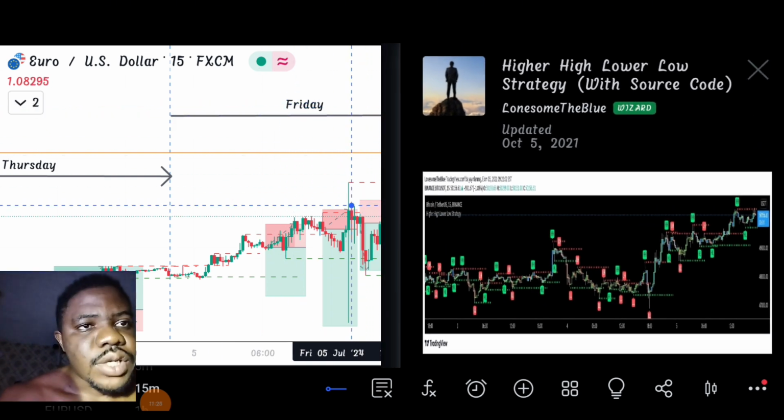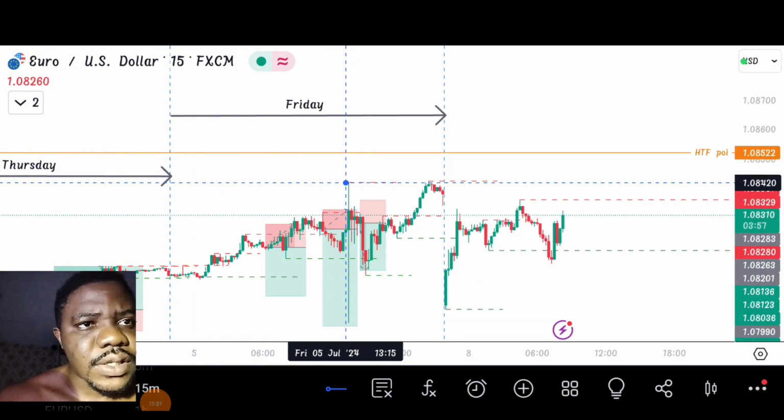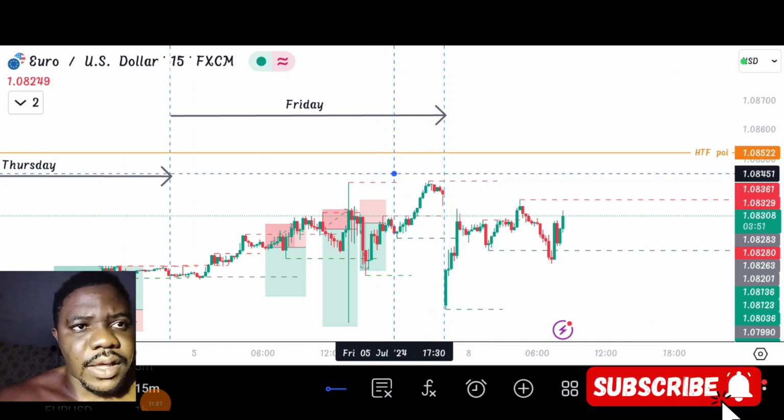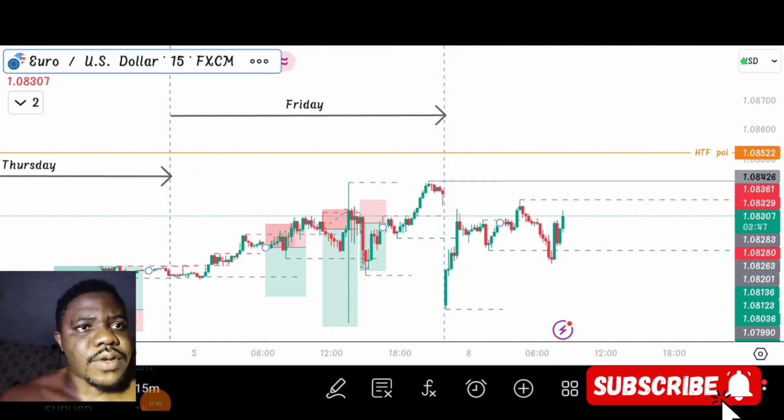It has already given me some points. All I need to do here is trace this. This is not the high, because this other high here came above that high. So this is the high of the week, of the previous week.